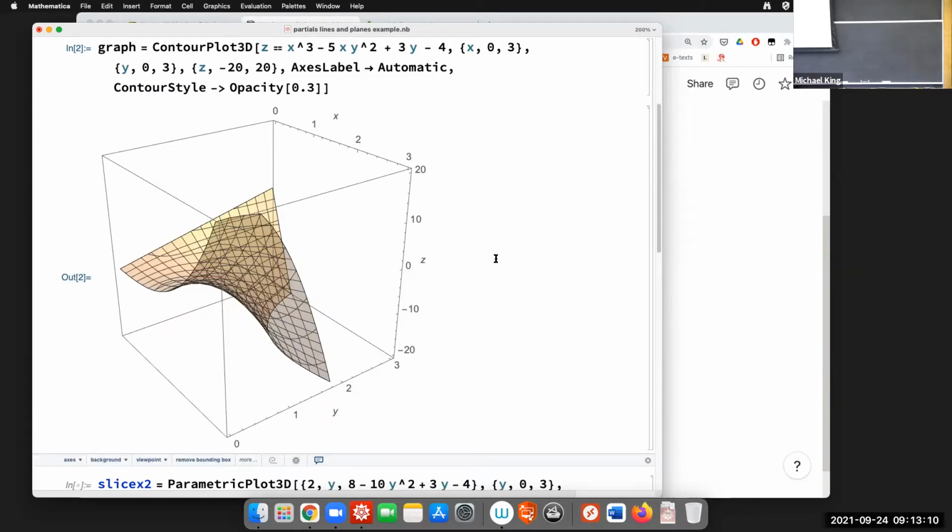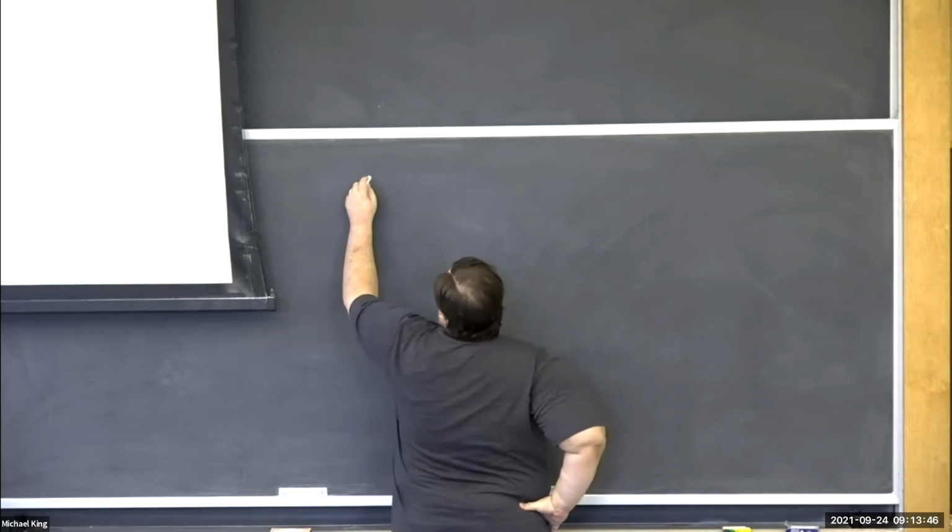We want to start thinking about calculus. We've been putting that off for a while, building up some facility with surfaces and with vectors, because those are what's going to be important here. So let me write this function down.